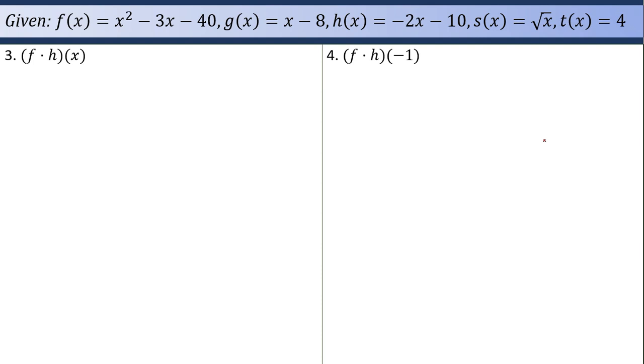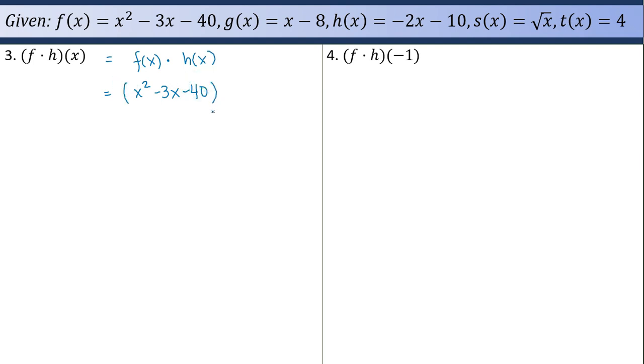Number 3, f times h of x, ito ay equal sa, tama, f of x times h of x. But what is f of x? F of x is x squared minus 3x minus 40.